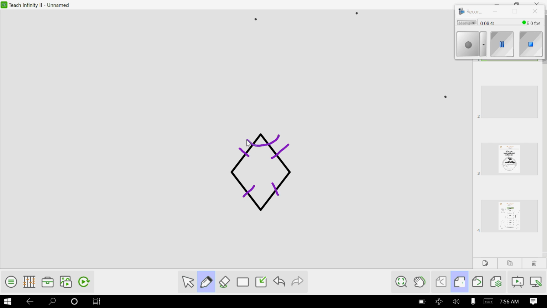For the attributes of the rhombus, I have four sides, four vertices, and four angles, the same as the rectangle and the square. Again, this is a rhombus. It looks like a diamond. Let's see the other shape.